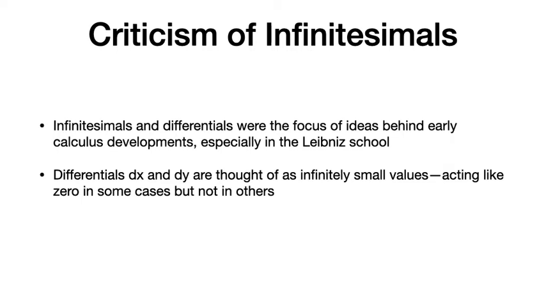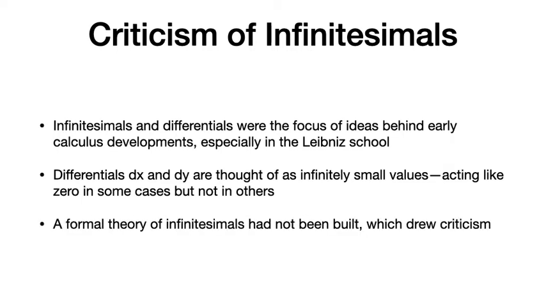In Leibniz's time, a formal theory of differentials had not yet been built. So this gooey mess of sometimes acting like values and sometimes acting like 0 drew a lot of criticism. There wasn't a formal theory to say when we should do one and when the other, and this led to some problems.